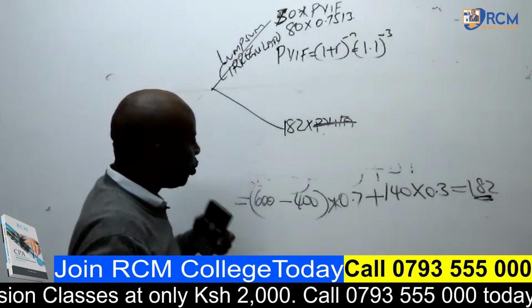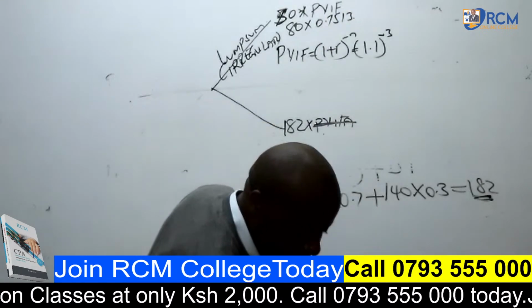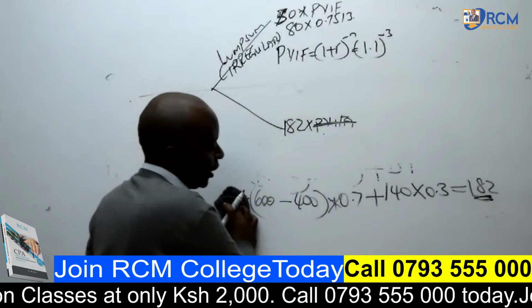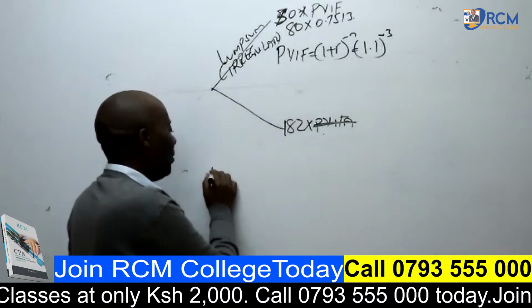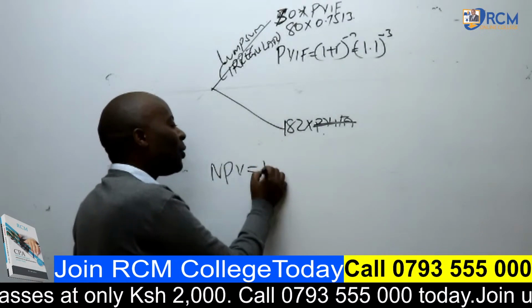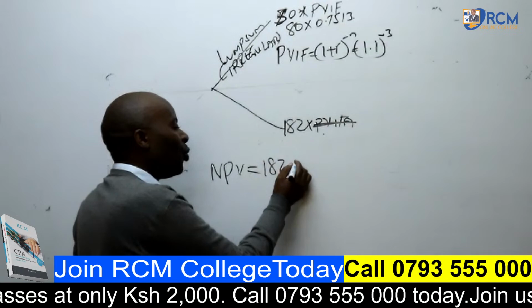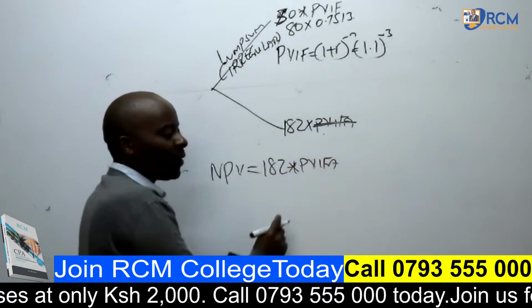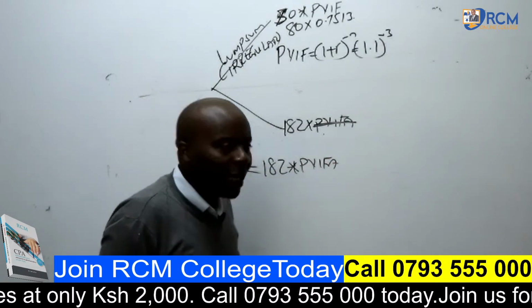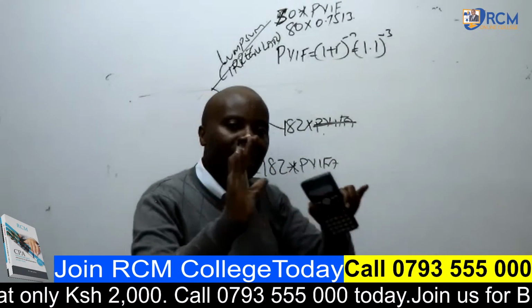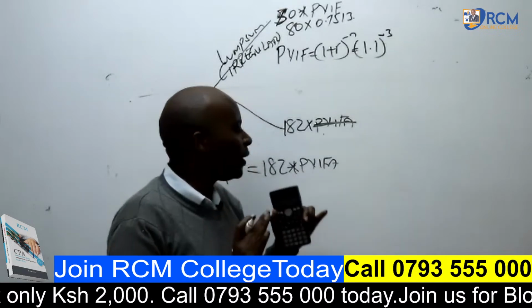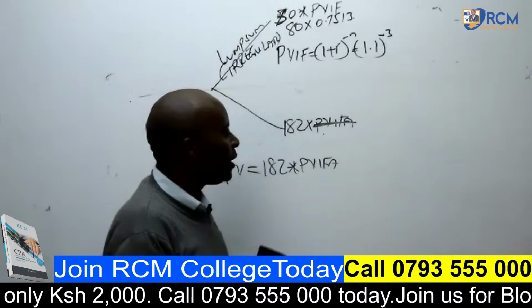So what I need to do is to just go back to that equation of mine. I revisit it and say that our NPV will be equal to our 182 times PV. This is the first cash inflow. And then I have another cash inflow in the form of the scrap. We'll be selling this thing at the end of the third year, and we shall be realizing 80.